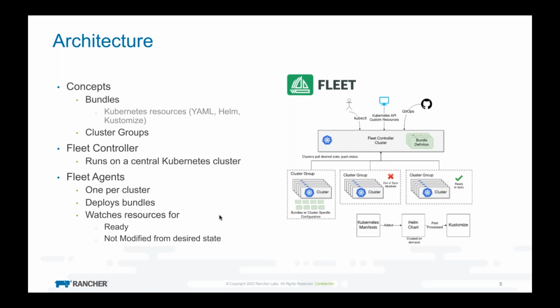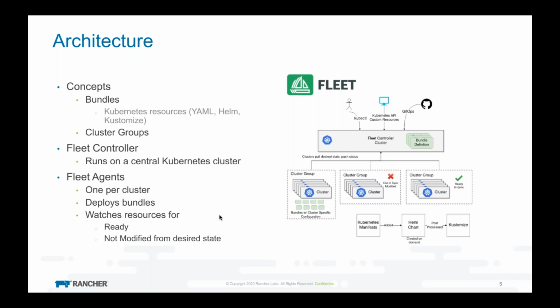It runs with anything, any modern 1.16 or 1.17 cluster. Okay, so that's the Fleet controller. Then we have the Fleet agent, which you have one per cluster, and the agent looks at the desired state from the Fleet controller. It deploys the bundles, and then once the bundle is deployed, it watches the resources to make sure they're ready and haven't been modified, so you can know that everything is consistent.